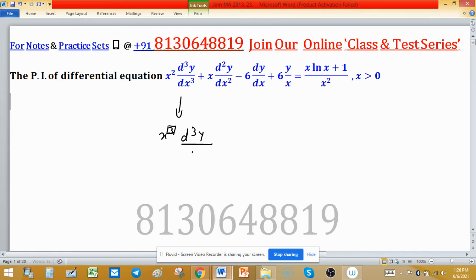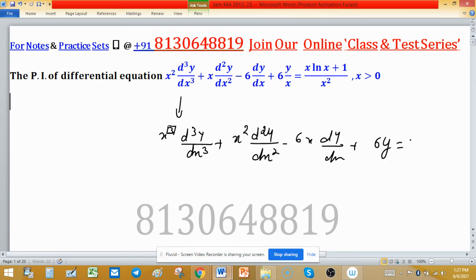Here it will be x cubed d3y over dx cube plus x square d2y over dx square minus 6x dy over dx plus 6y equal to x ln x plus 1 divided by x. Somehow right hand side becomes simpler. Also you can say powers of x and order of differential coefficient is now same.